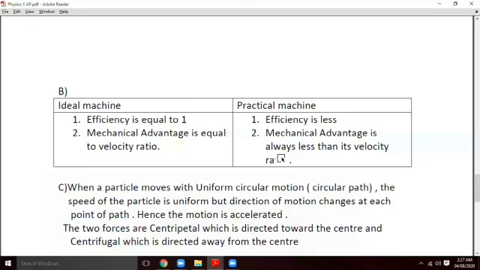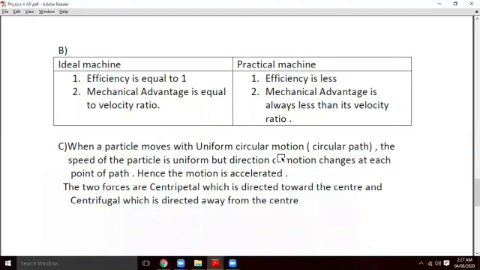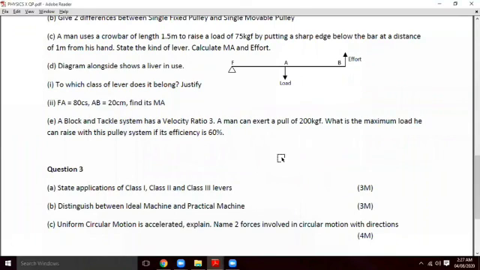Going to the last question, the C part of the main question number 3, the question goes as follows. Uniform circular motion is an accelerated motion. Explain the following. Also, name 2 forces involved in circular motion with the correct directions.